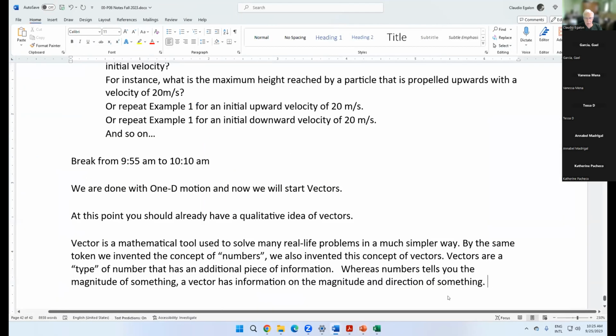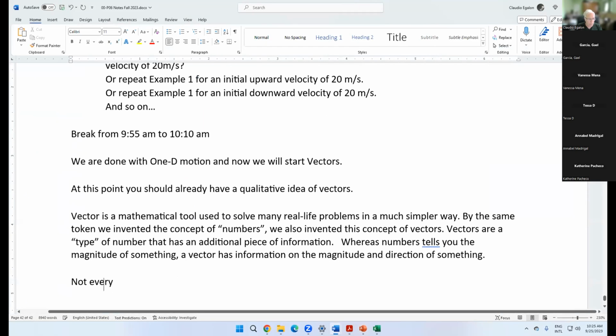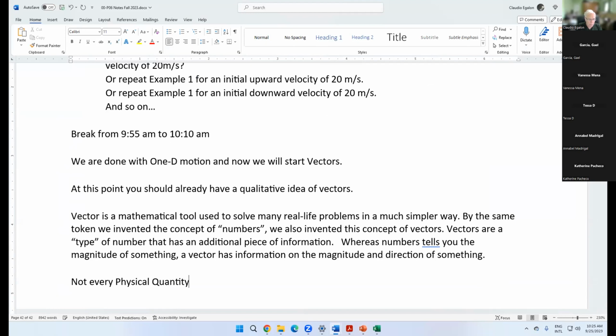Okay? Not every physical quantity is a vector. Not everyone is a vector.